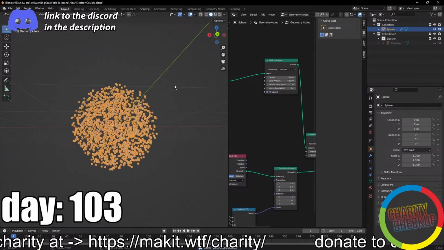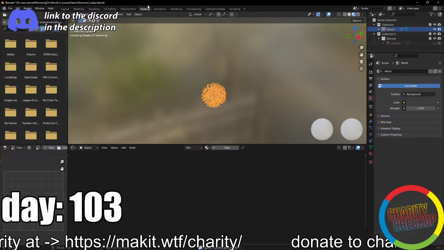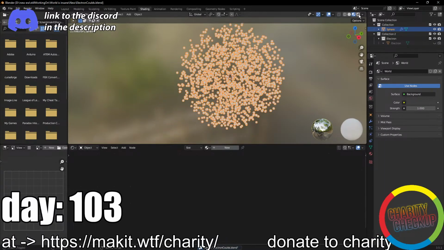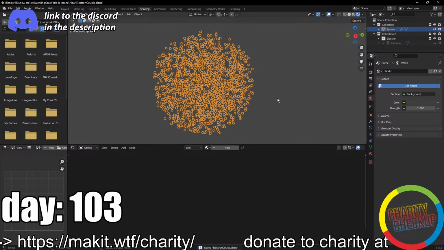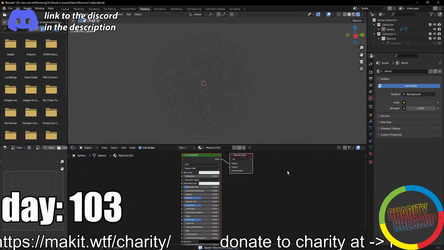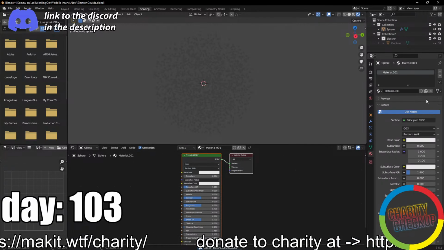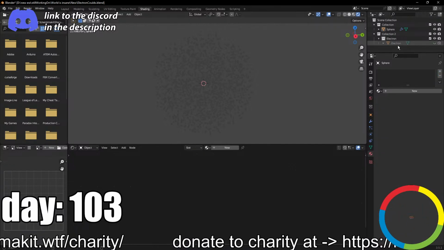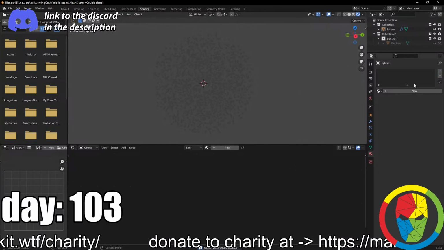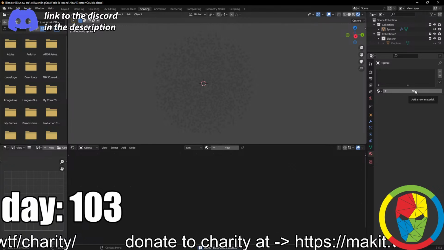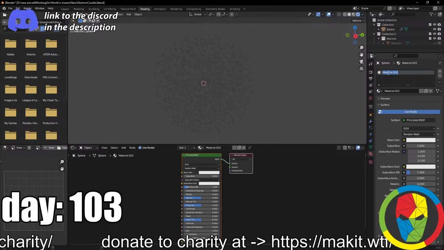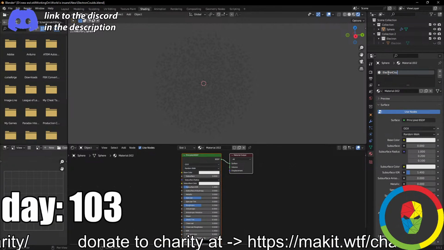Which is go to shading. Oh, this bar looks off. And over here, new. Actually, not quite, I suppose. Or actually, maybe, yeah, new. Electron cloud.